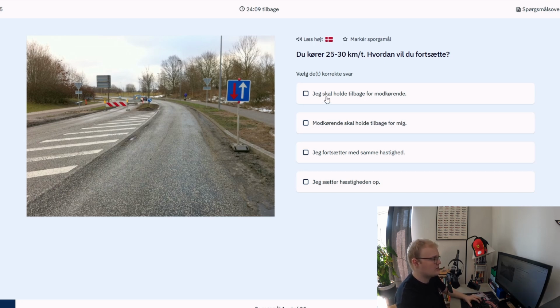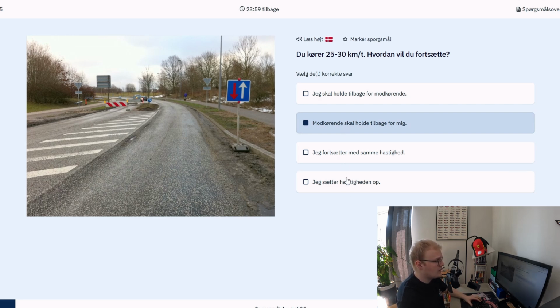So the first one is, I have to hold back for oncoming traffic. I don't. Oncoming traffic has to hold back for me. That's correct. I continue with the same speed, or I drive faster, I accelerate a little bit. I don't see any reason not to go the speed limit. The speed limit is 50 in most built-up areas, which this looks like.